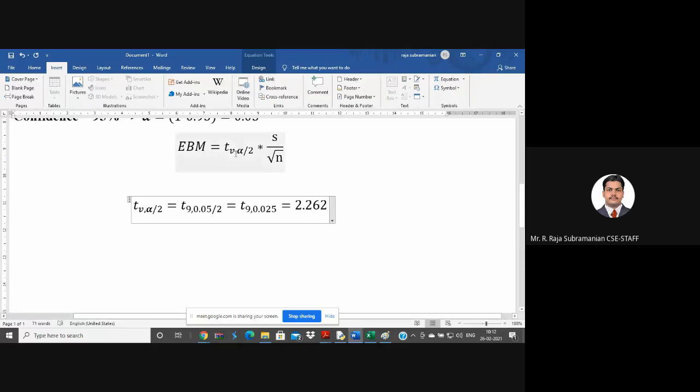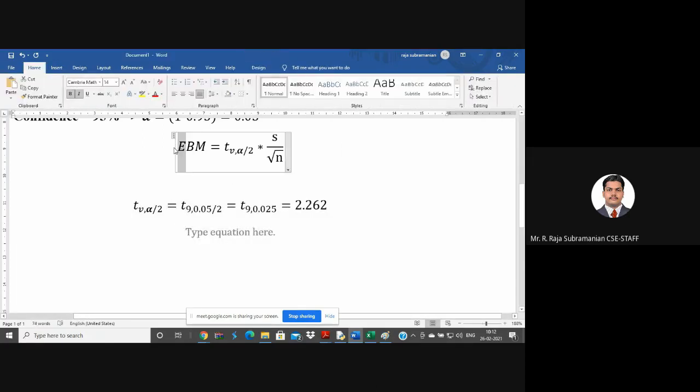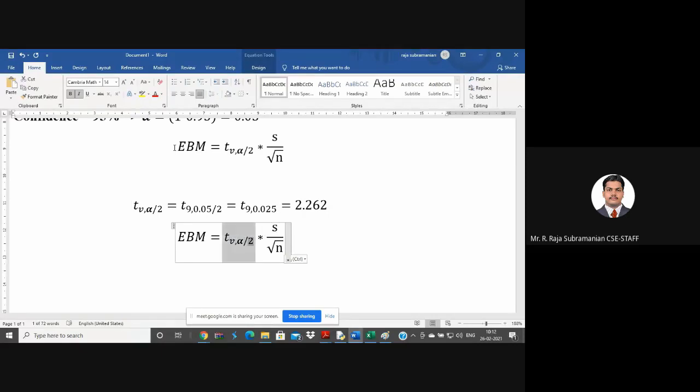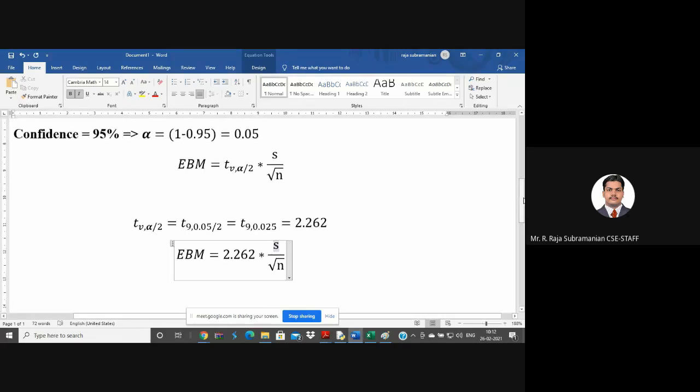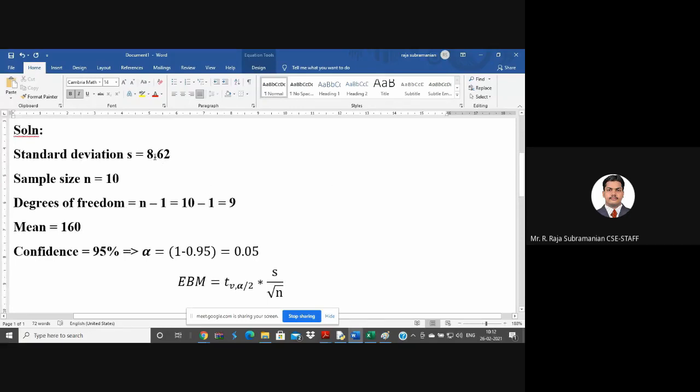Now I go to the EBM and substitute my values. I got my t value ready. What is the t value here? As Sandhya said, it is 2.262. And what is my standard deviation value? Going above, I got 8.62 as my standard deviation value.